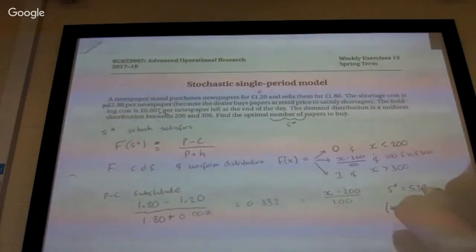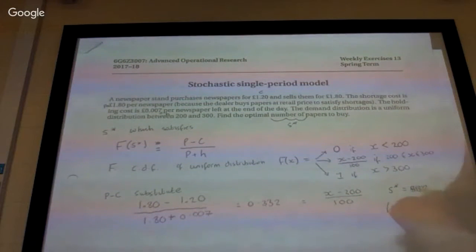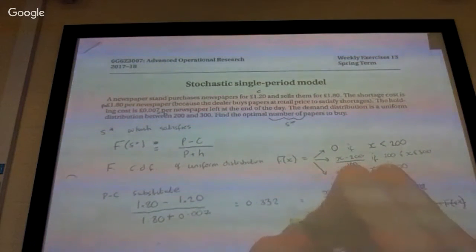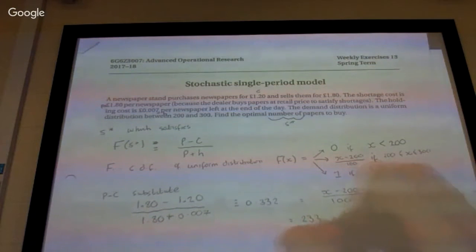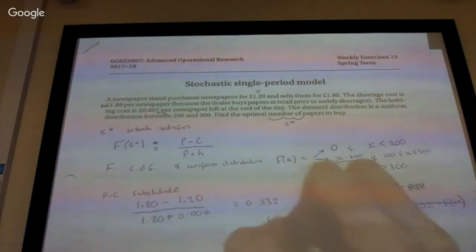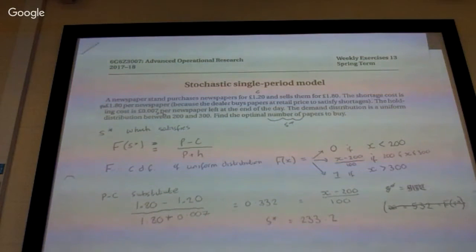Which is the same thing that happened last year, as I can see in my notes. So actually it's 233. My apologies. There we go. Okay, that's the answer. Any questions? It's 532, not between 200 and 300. No, that's what confused me.